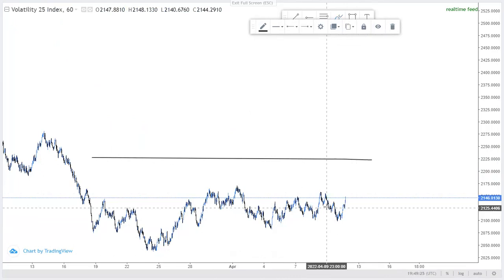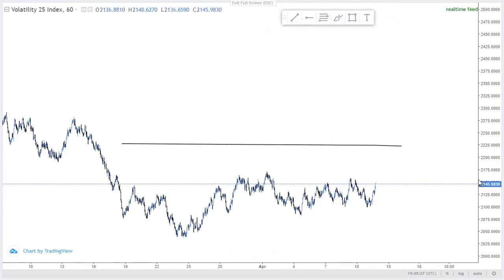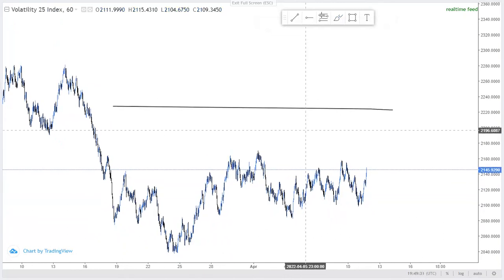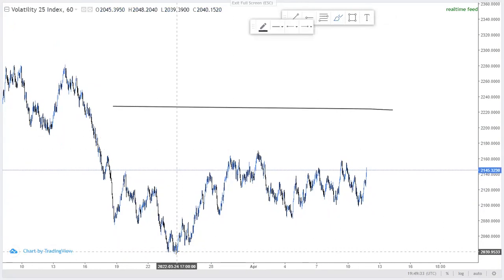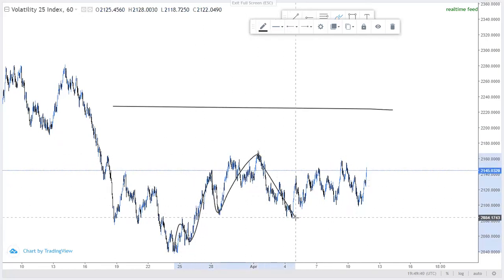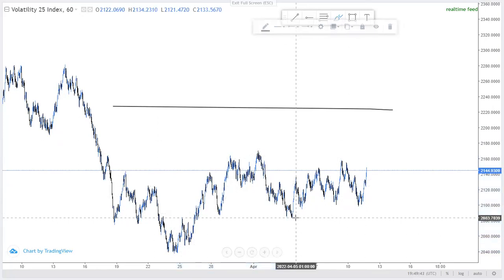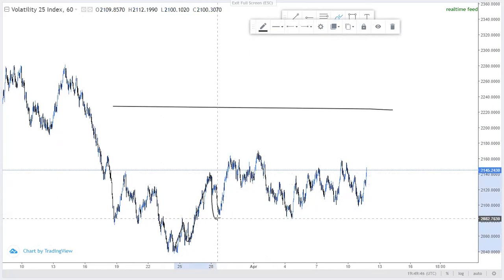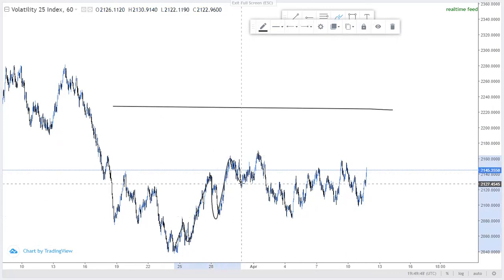The same way we were looking at price in the bigger time frame, it's still doing and creating the highs and lows. High, low, high, low, high, and a low.